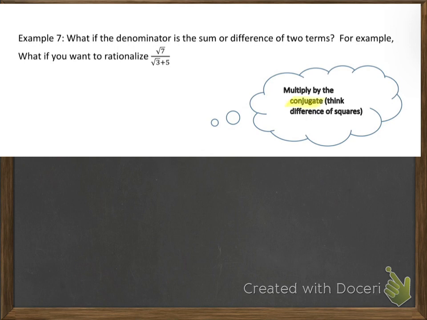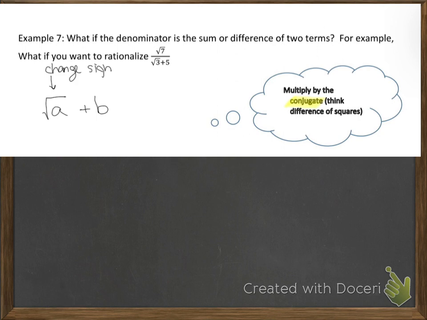Okay, so in general, if I have the square root of a plus b, what I need to do is change the sign of the radical term.